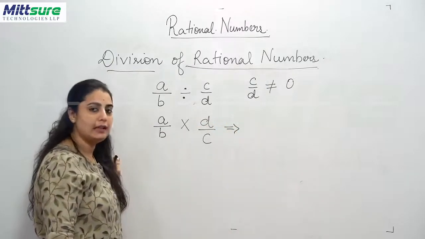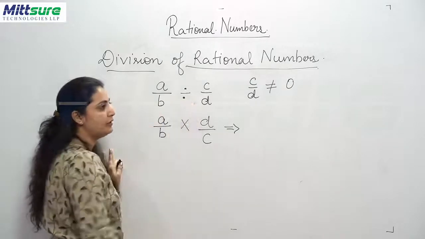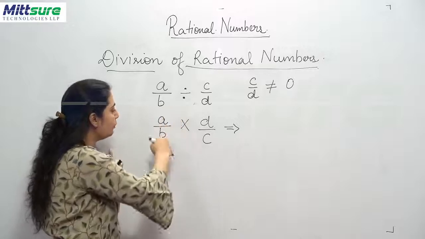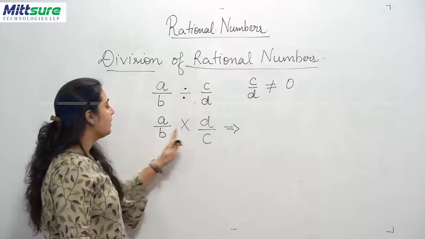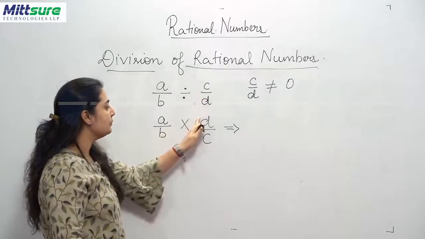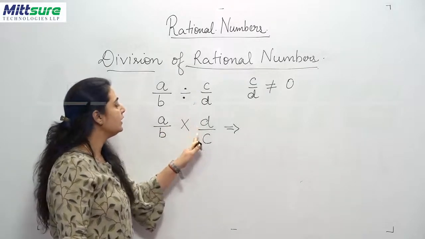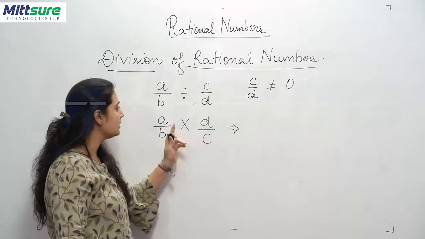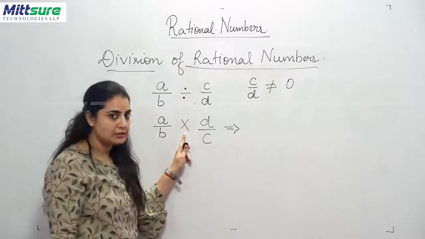We convert the second rational number to its multiplicative inverse, and the division sign changes to a multiplication sign.